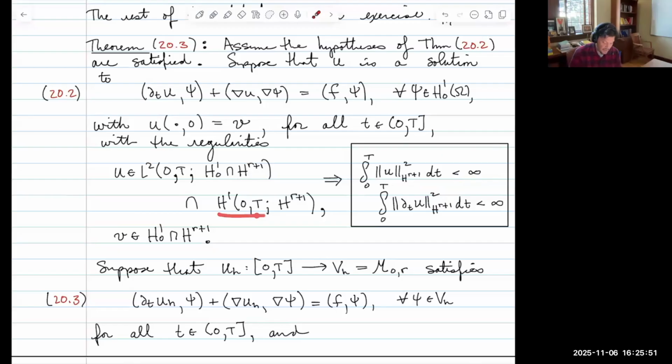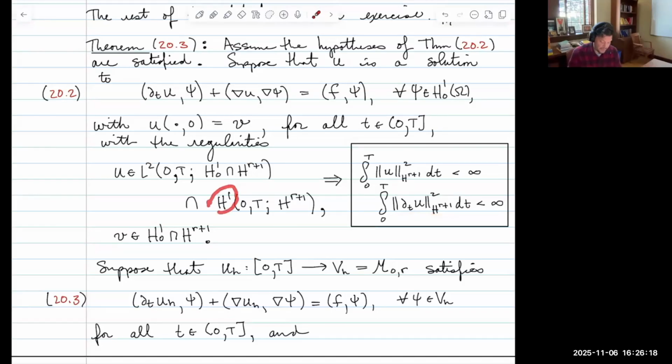What does this one say? This says something both for the function and for its time derivative, but I'm only going to focus on the one for the time derivative. This says that the time derivative has this norm, actually a norm squared, being finite: the integral from 0 to T of the HR+1 norm of the first derivative with respect to time.